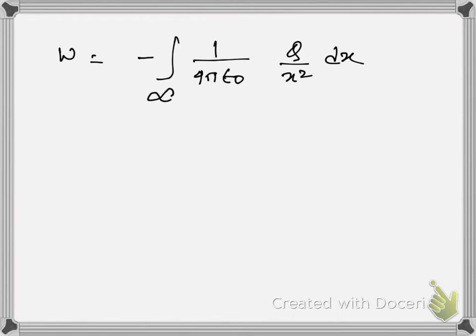So W is equal to the integral of minus 1 by 4 pi epsilon naught Q by x square dx. Now the limit of integration will be from infinity to r, because we are starting to move the unit positive charge from infinity and we are stopping at a point which is at a distance r from the charge capital Q. Now 1 by 4 pi epsilon naught is a constant and so is Q, so it will come out of the integration.